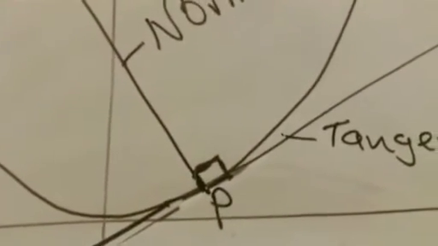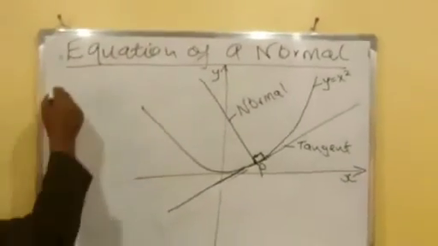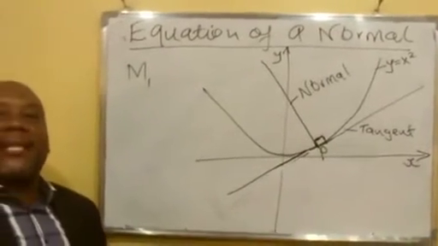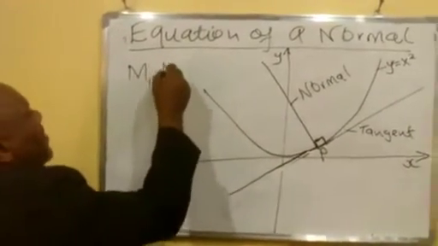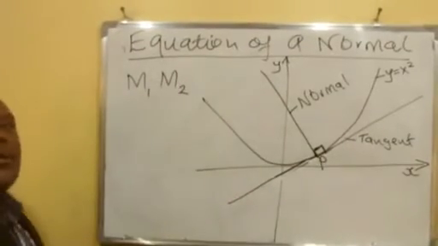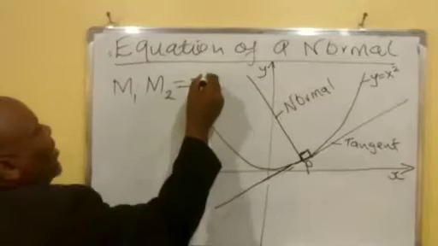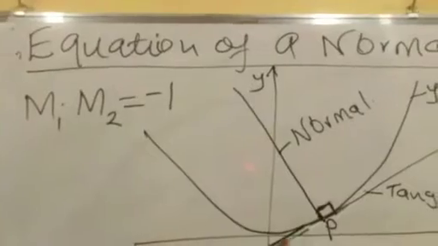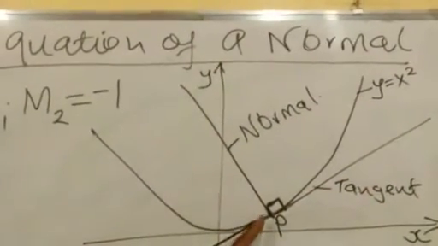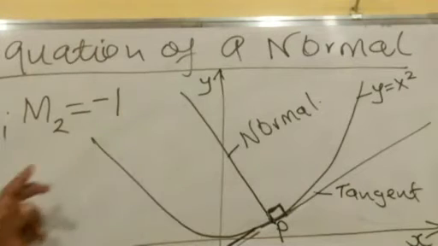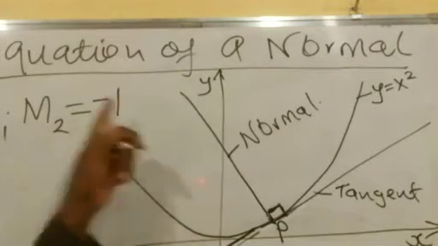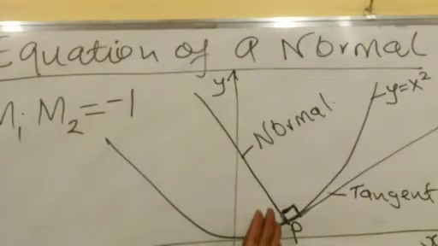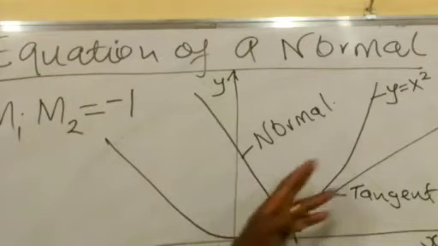And you know that if M1 is the gradient of our tangent, then when you multiply it with M2, which is the gradient of our normal, the solution is going to be equal to -1. We are going to use that principle, then we are going to be able to calculate the equation of any given normal to that tangent.